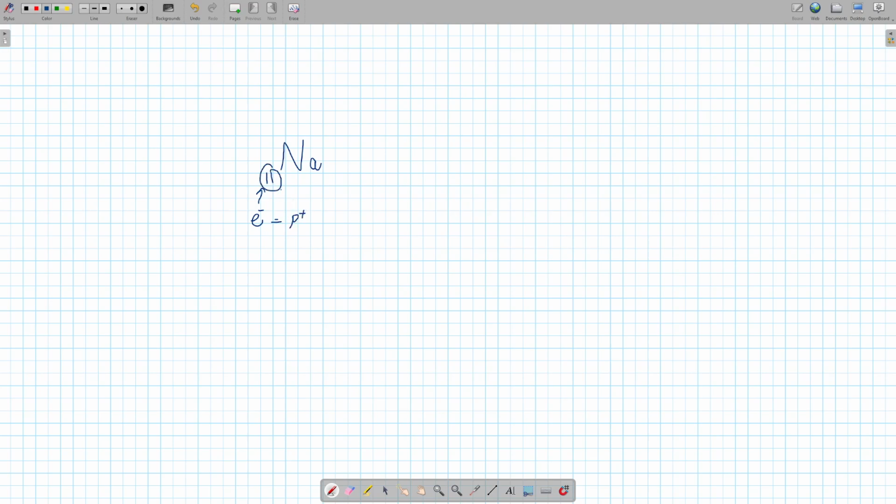This atomic number determines the number of protons and thus the number of electrons. We took this before. However, if I came and told you Na+, it would be 11 protons, but since it's plus 1, that means it lost 1 electron, so it's going to be 10 electrons. Okay, this is easy.